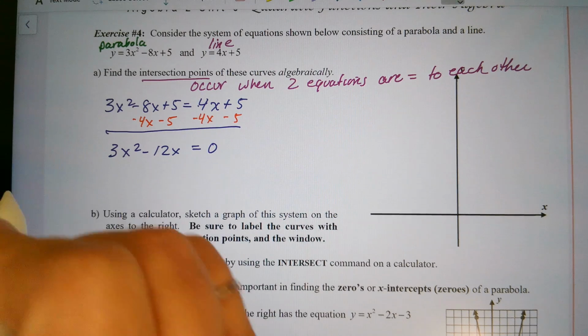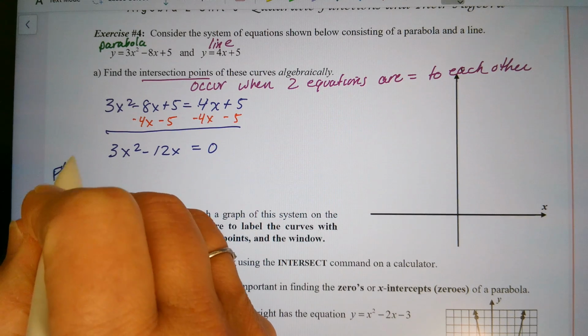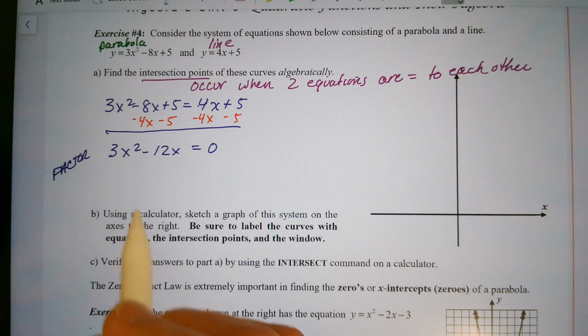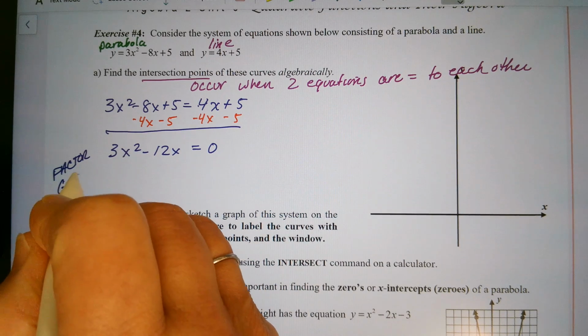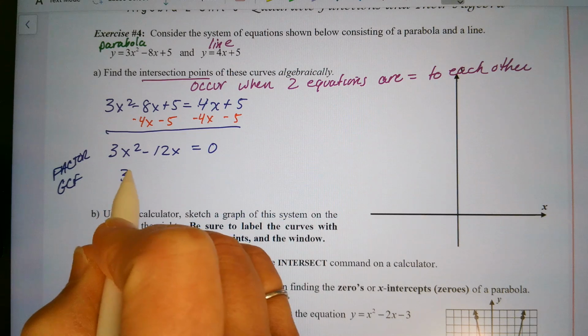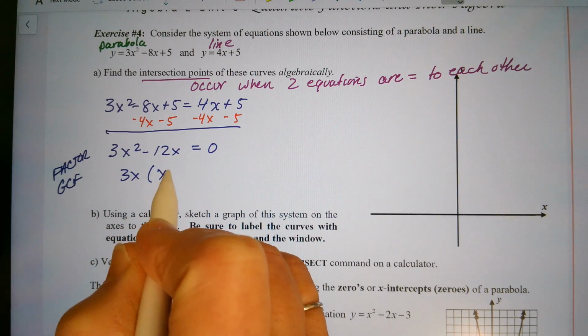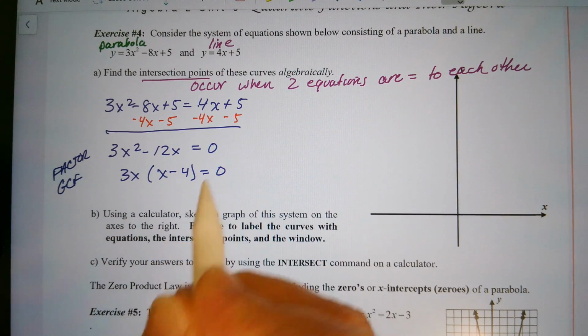Now we factor this. Well, there's only two terms. There is a GCF. That GCF is 3x. Factor out 3x and we have x minus 4.